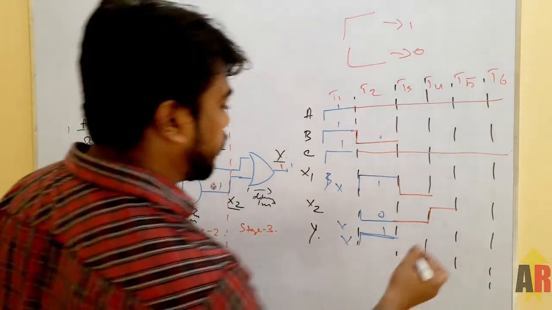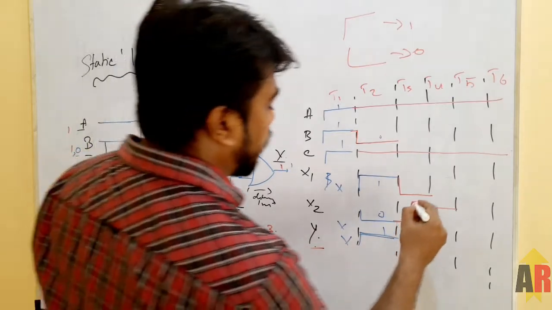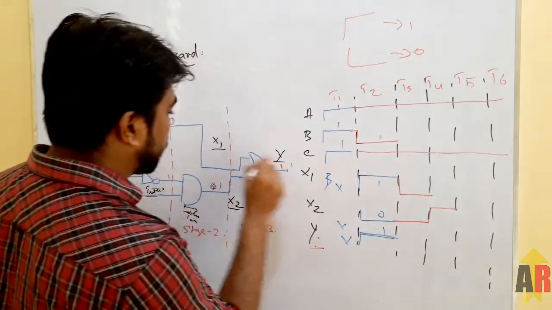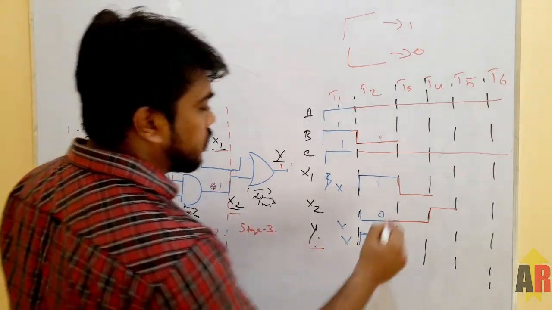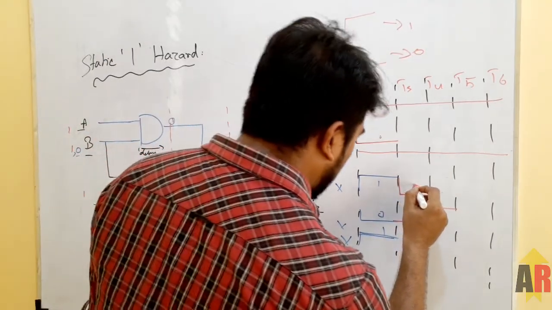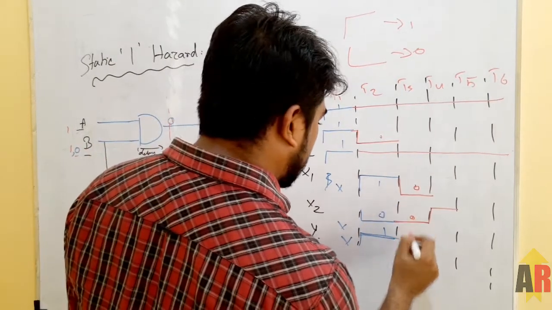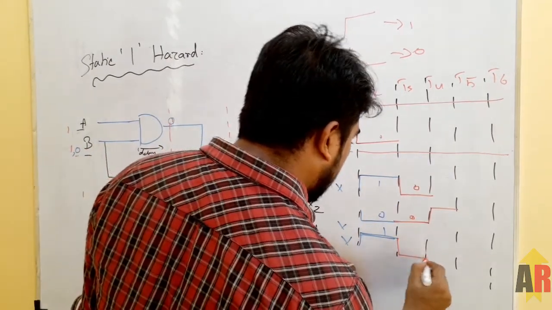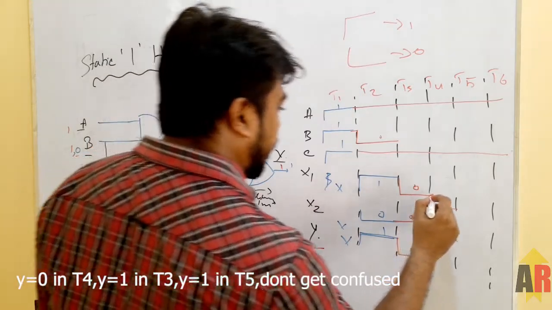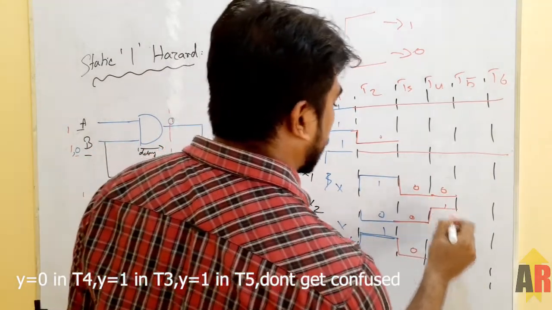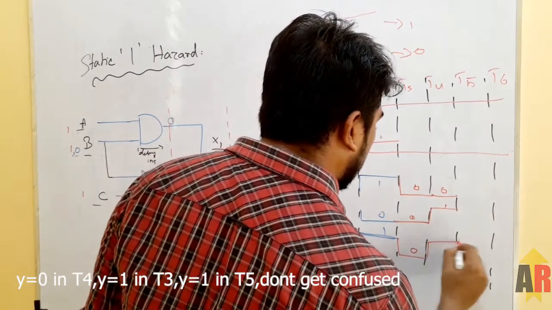Now we come to the output part. We can calculate this because the output is a combination of x1 and x2. So x1 is 0, and this is 0, so your output will become 0. Then x1 will be 0 here also, and the output will become 1.